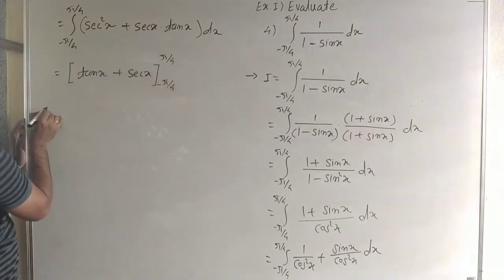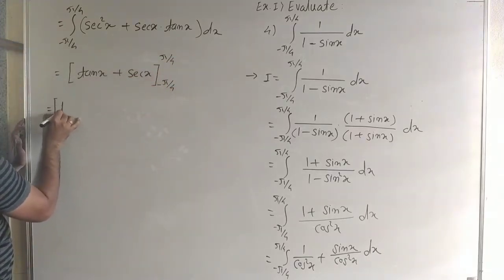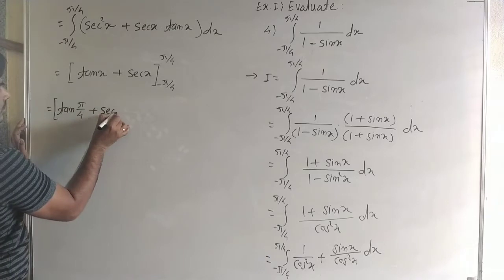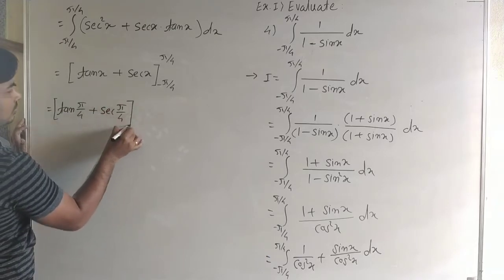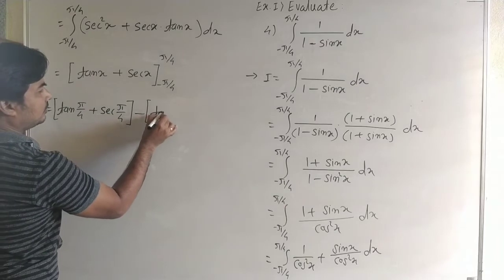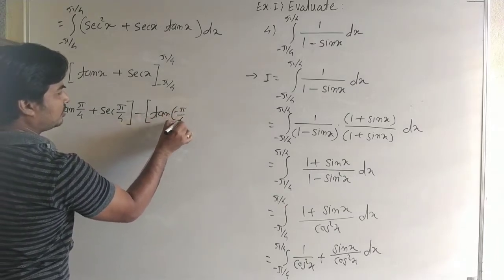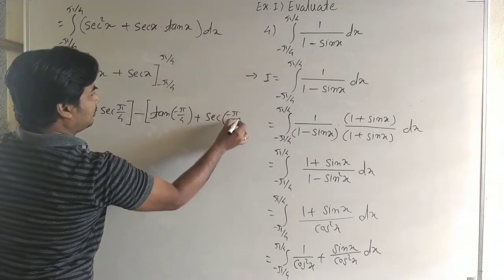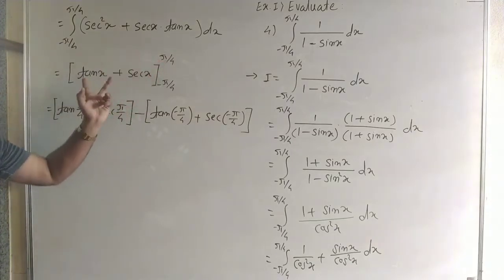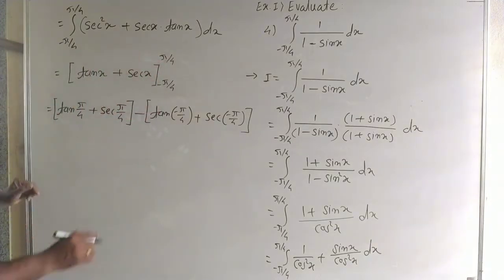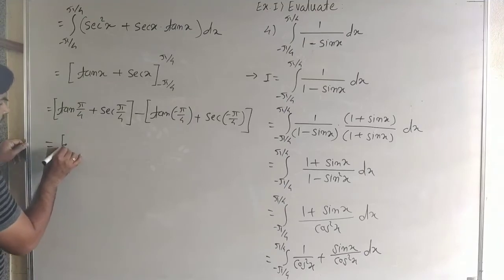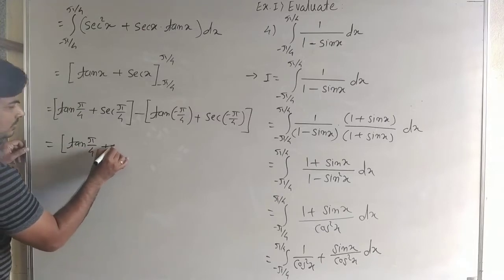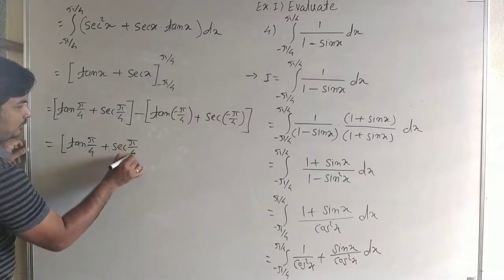Now we put first the upper limit and then the lower limit: tan pi by 4 plus sec pi by 4, minus the lower limit, tan minus pi by 4 plus sec minus pi by 4. Carefully, first we put the upper limit and then minus we put the lower limit. Now here we know that tan pi by 4 is 1, but we can write in the next step tan pi by 4 plus sec pi by 4. Carefully.